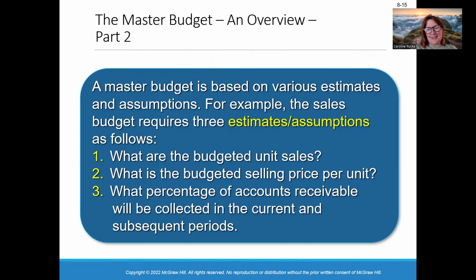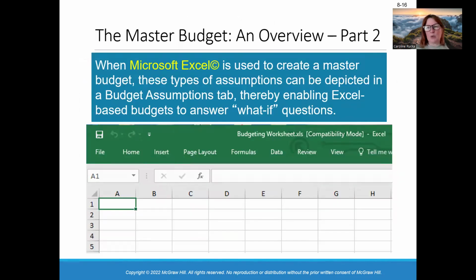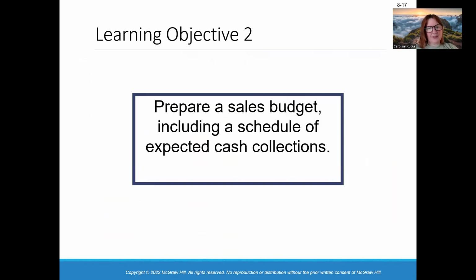What are the budgeted unit sales? What is the budgeted selling price per unit? And what percentage of accounts receivable will be collected in the current and subsequent periods? We can't know for sure, but we're going to give it our best estimate. And we'll be using Excel because why wouldn't we?